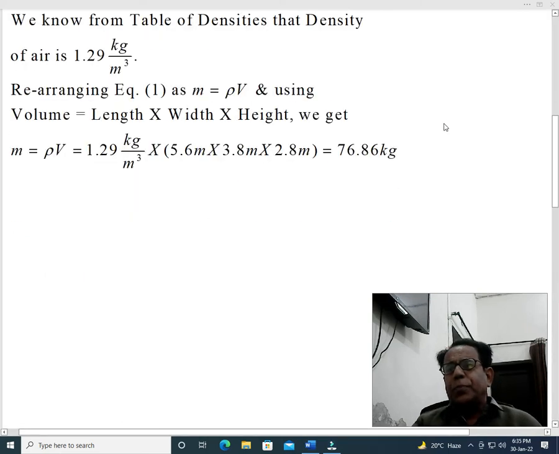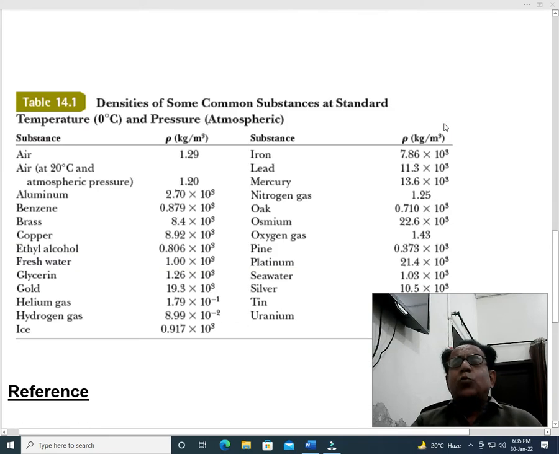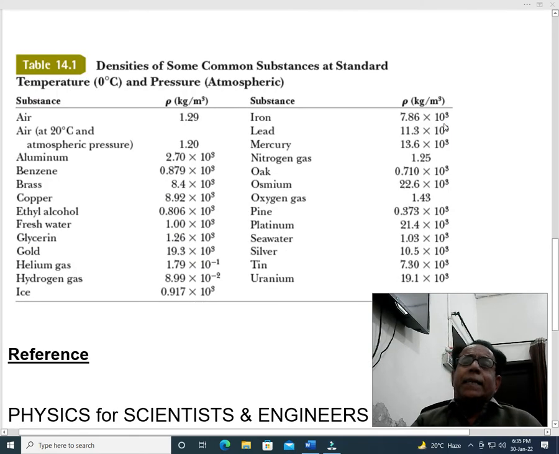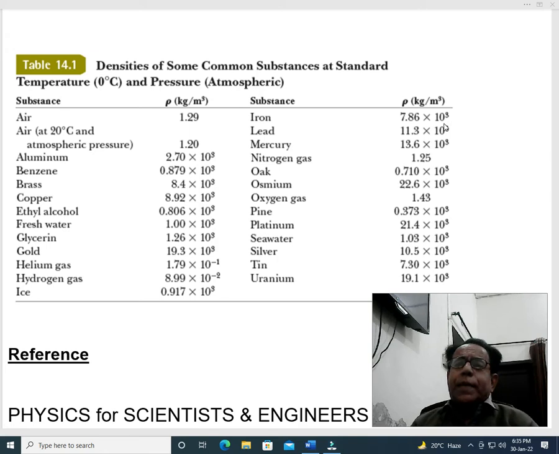Dear students, actually that table is here. This is that table: densities of some common substances at standard temperature 0 degree centigrade and atmospheric pressure. In this list at the top, air is given: 1.29 kilogram per meter cube.